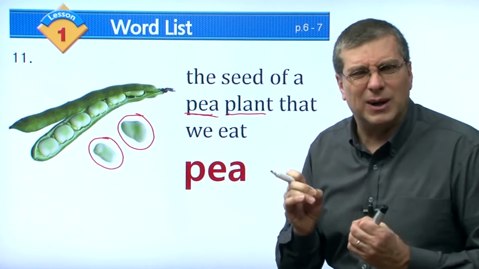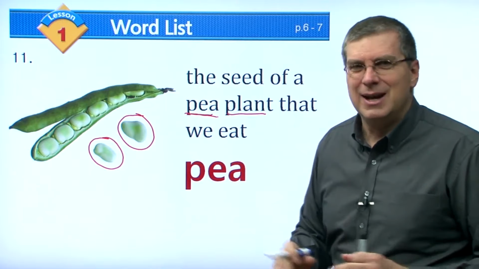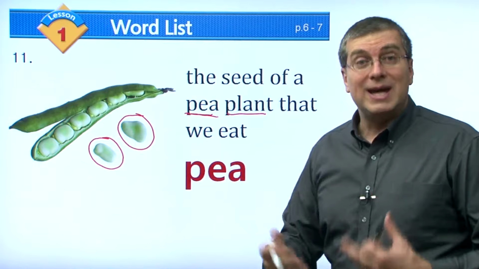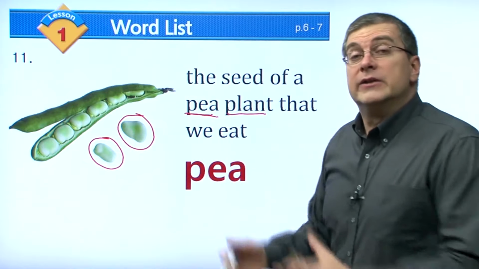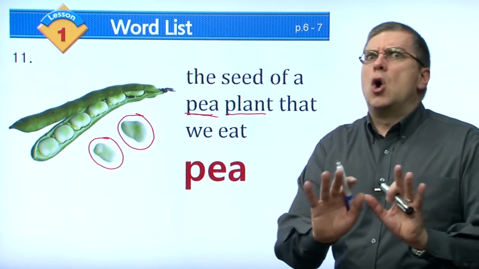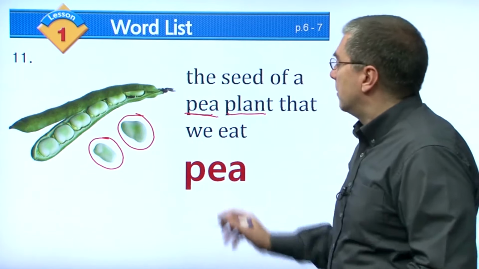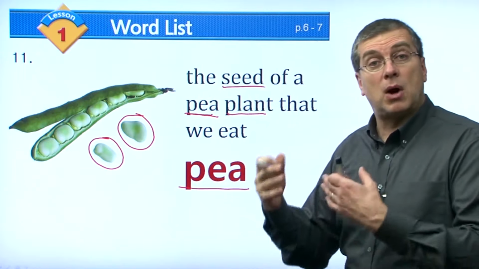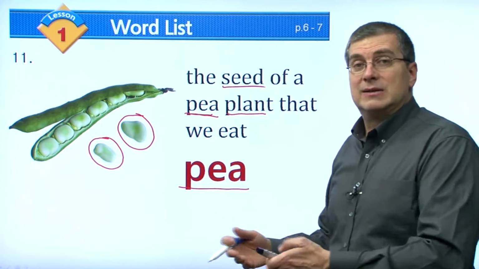They're very hard, right? They don't taste good. But we can eat peas, the seeds of a pea plant. We eat those very often. So sometimes we can eat seeds, but sometimes we don't. But in the case of peas, we eat the seeds. It's part of the plant that we eat.